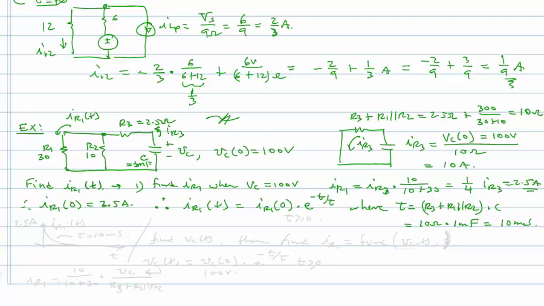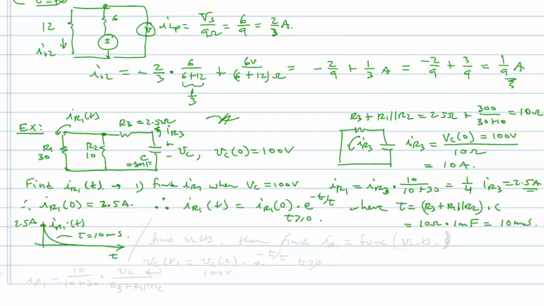And this is valid for t greater than or equal to 0. So IR1 will start at 2.5 amps, and it will just decay. This is IR1 of t, and we have a tau equal to 10 milliseconds.